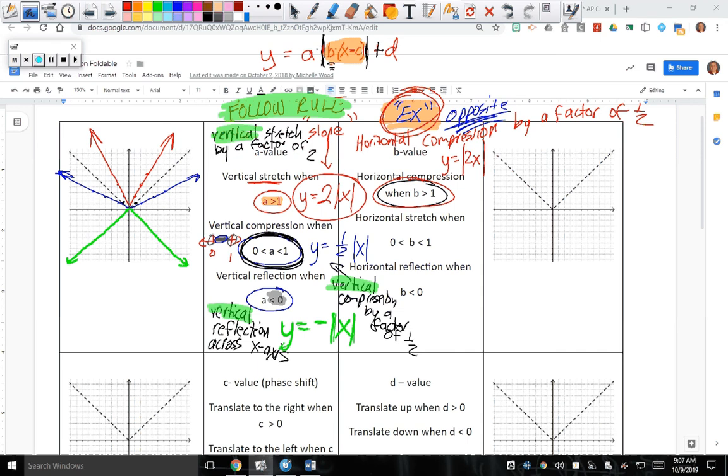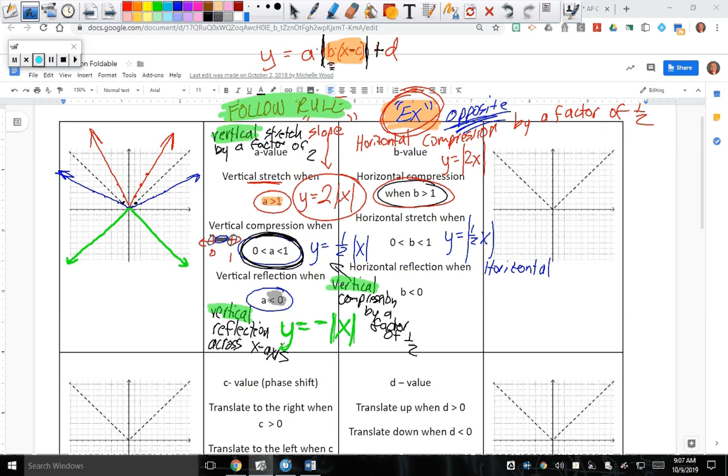Okay. So now let's say what if b was smaller than 1 but bigger than 0? So what if I had an equation that looked like 1/2 x like this? What's the first word that I write down? Horizontal. Because it's with the x.